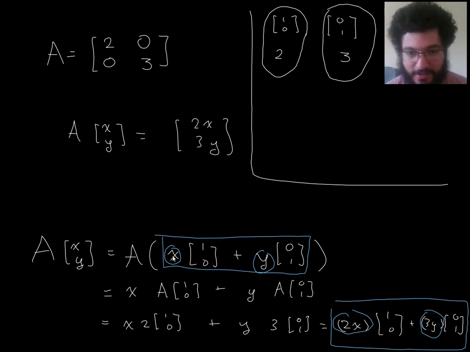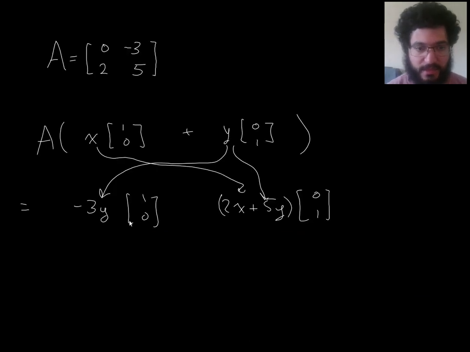So here, this just gets one thing done to it, it gets doubled. This gets one thing done to it, it gets tripled. Here, what happens to this coefficient when you apply A to the vector is something that involves both of these coefficients.